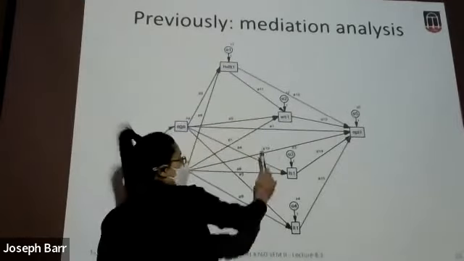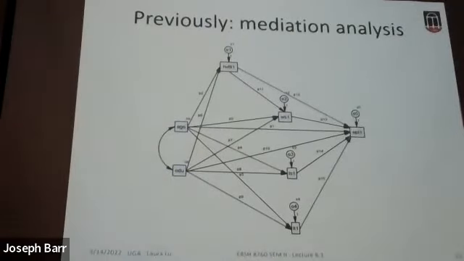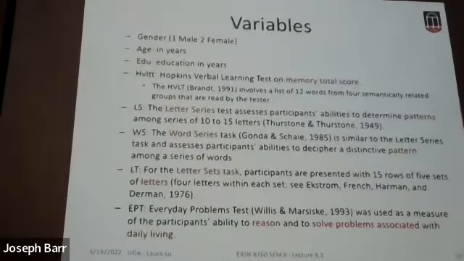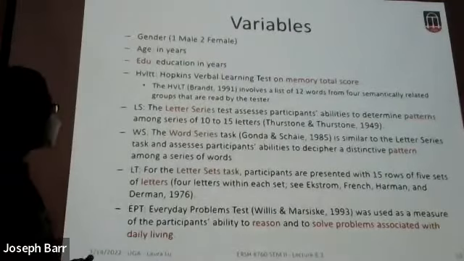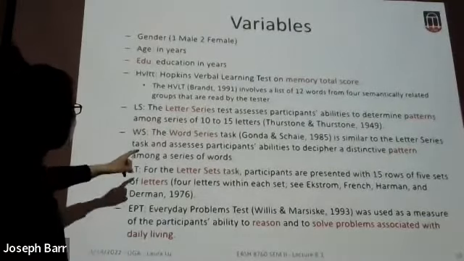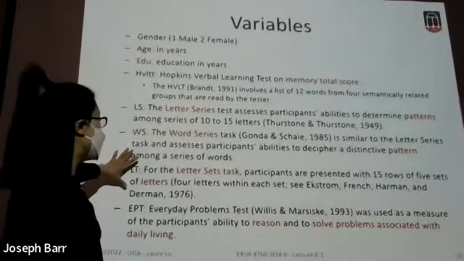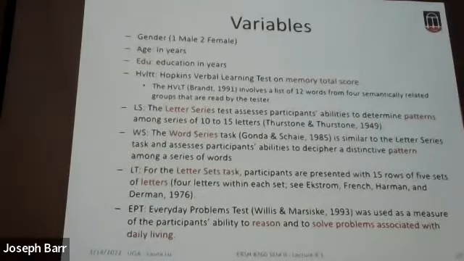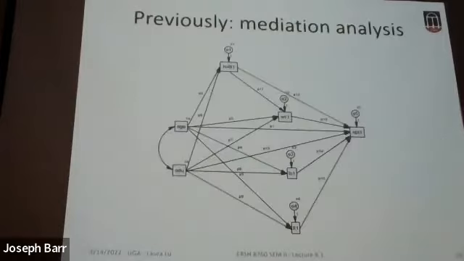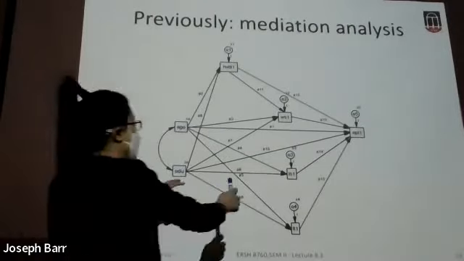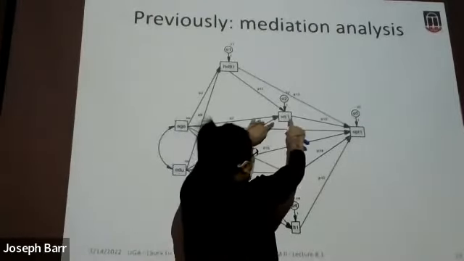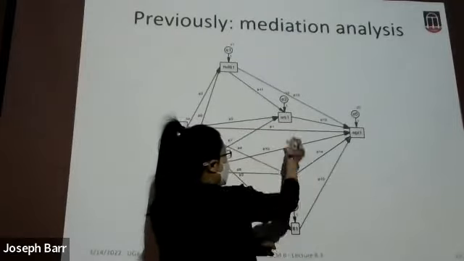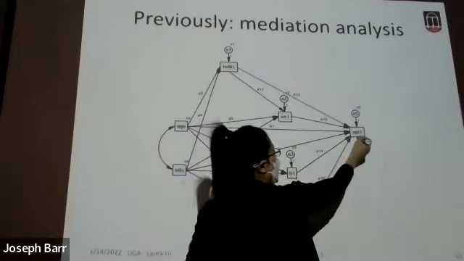If you look at the tests, these are actually reasoning items or indicators. But anyway, let's just look at the old example. So we have WS, LS, LT, all of these are tests. And we have the outcome.